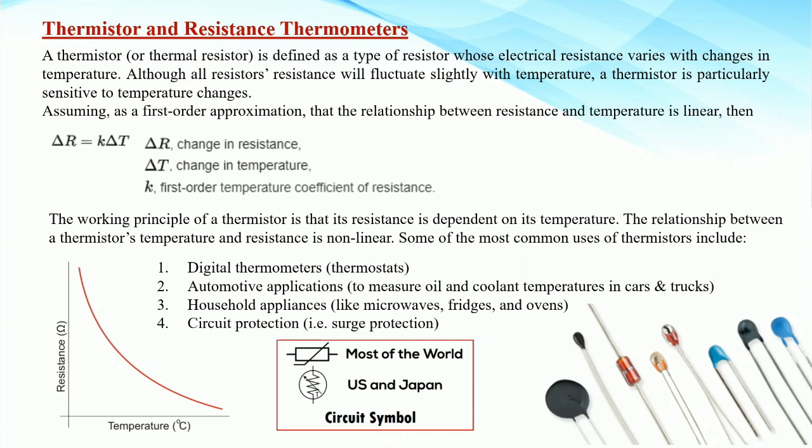There are two opposite fundamental types of thermistors. One is the NTC thermistor. NTC means negative temperature coefficient thermistor, where the resistance decreases as temperature rises, and it is commonly used as a temperature sensor or in series with a circuit as an inrush current limiter.